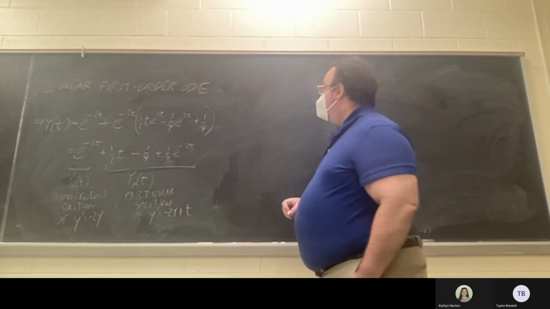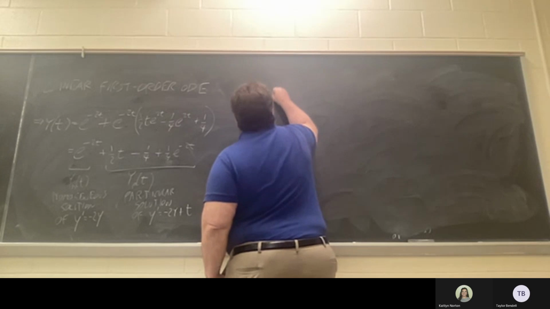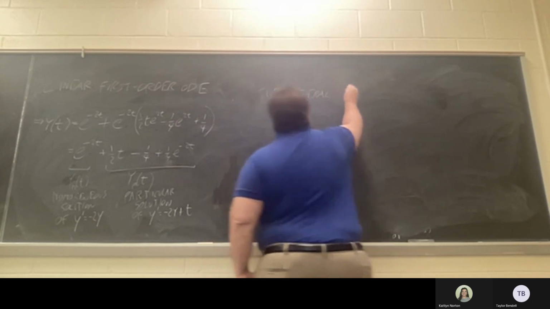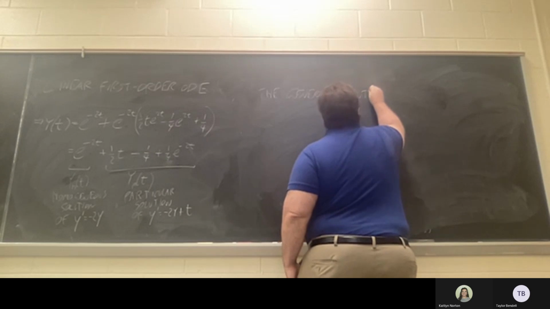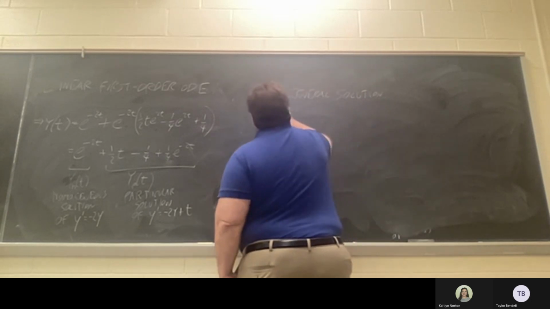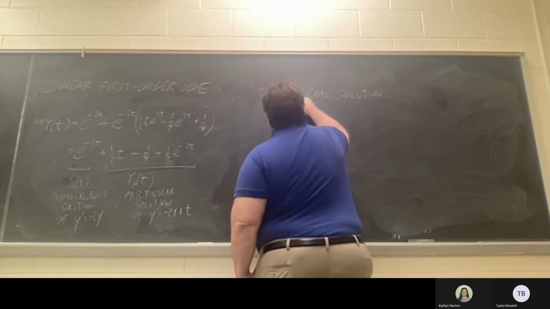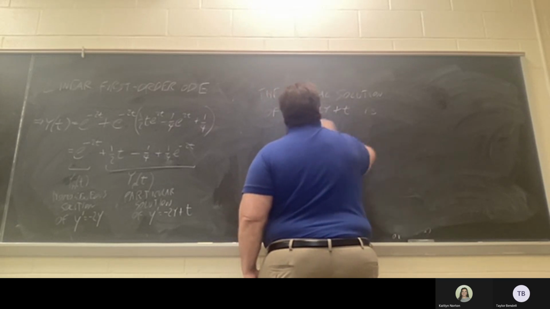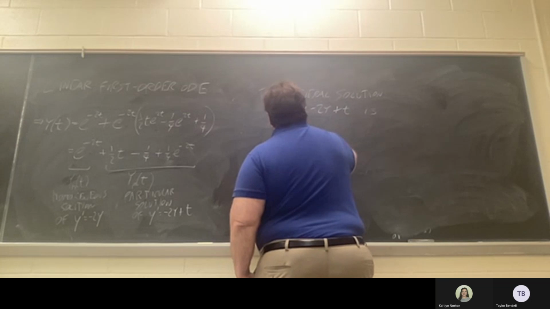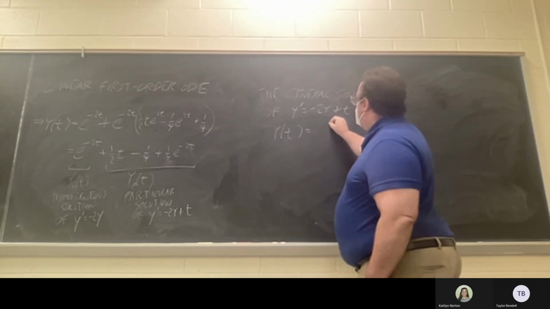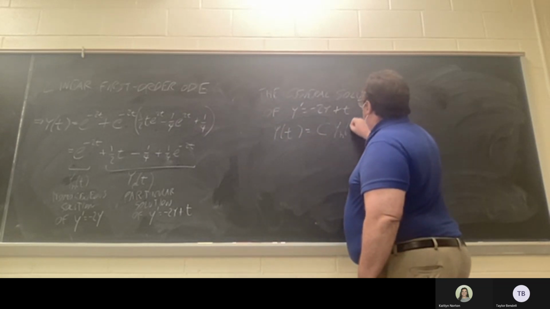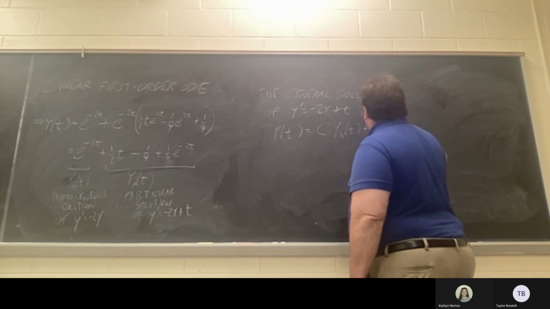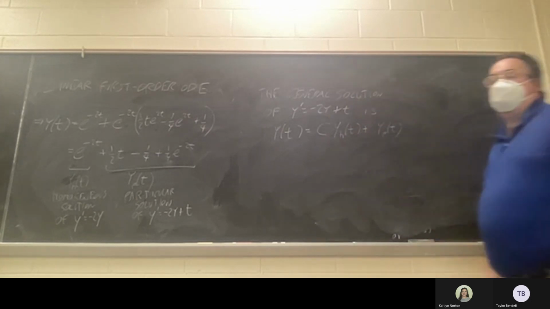The general solution of y prime is minus 2y plus t is an arbitrary constant times a homogeneous solution plus a particular solution.